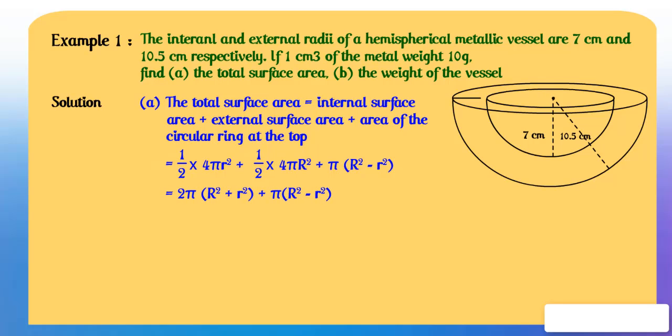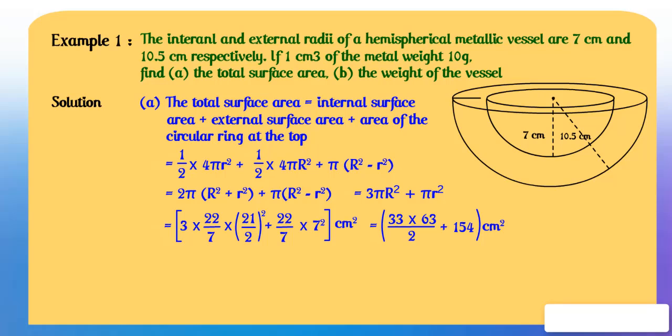This is equal to, taking 2 pi common, inside the bracket we have capital R square plus small r square, plus pi into (capital R square minus small r square), which is equal to 3 pi capital R square plus pi into small r square. This is equal to 3 into 22 by 7 into (21 by 2) square plus 22 by 7 into 7 square centimeter square.